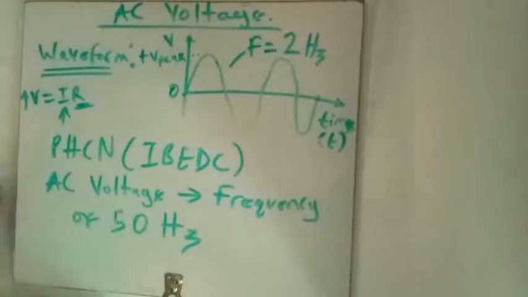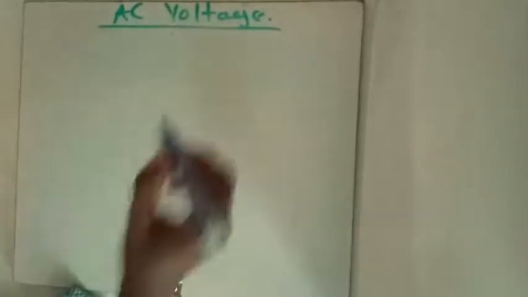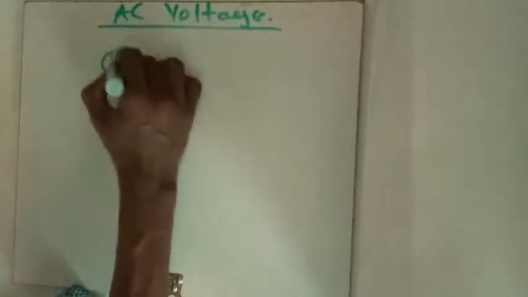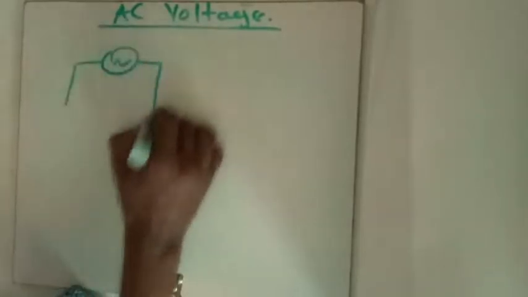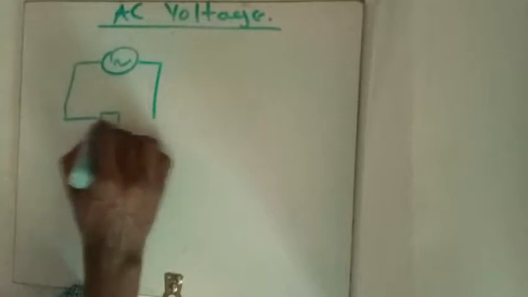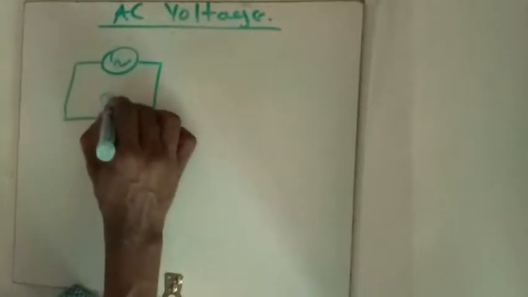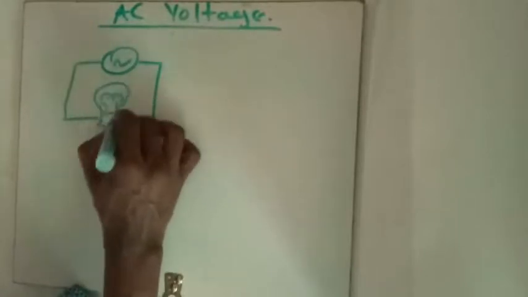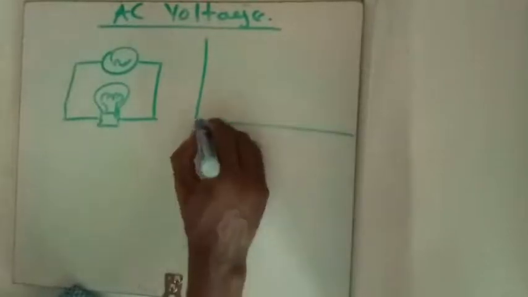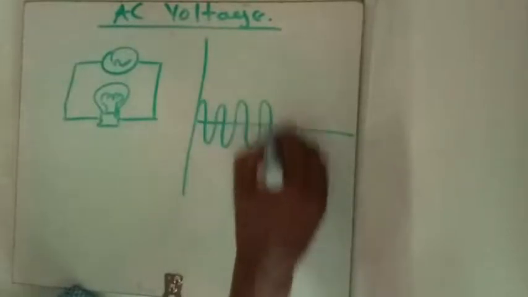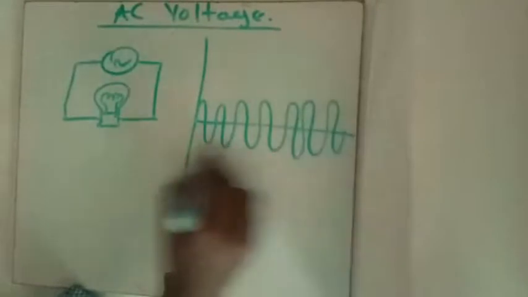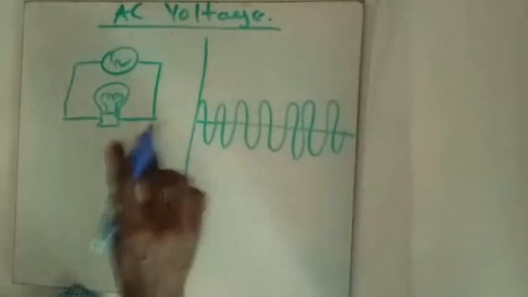Now, what's the significance of this 50 hertz? The significance is that when you connect the public power supply to your light bulb, you have 50 complete cycles in 1 second.